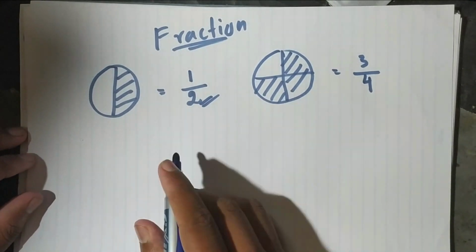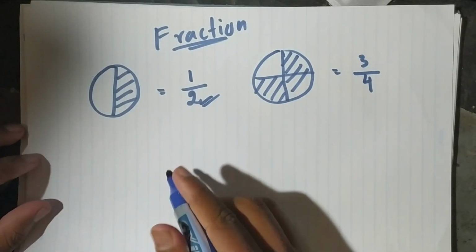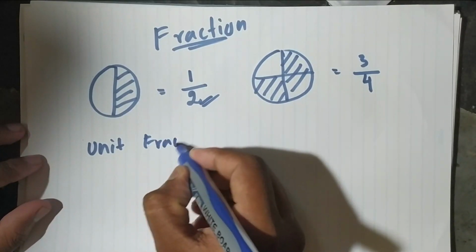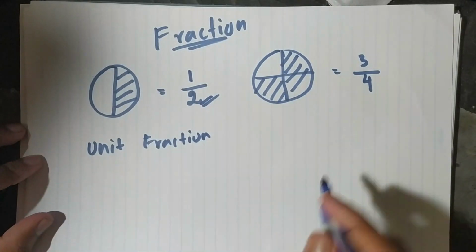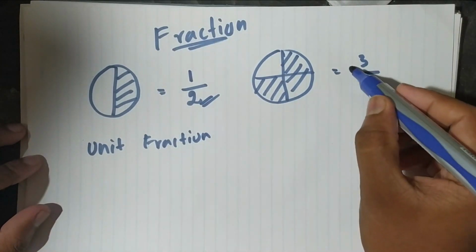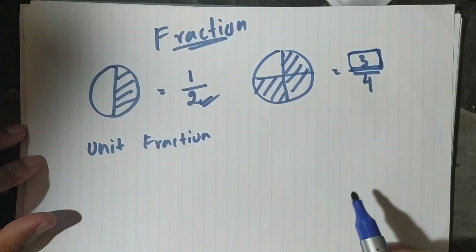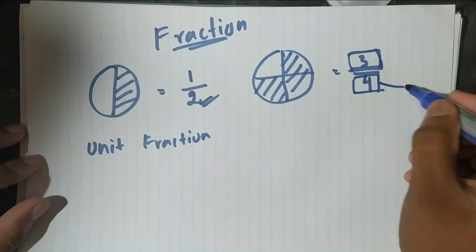In fraction, in grade 6 you are studying unit fraction. What is that? Before that, in a fraction, the number which is up is what we call the numerator, and the number which is down is what we call the denominator.